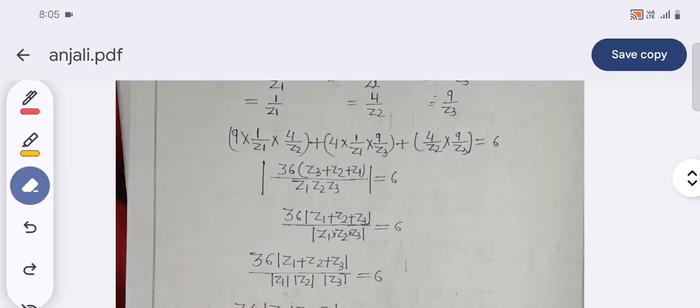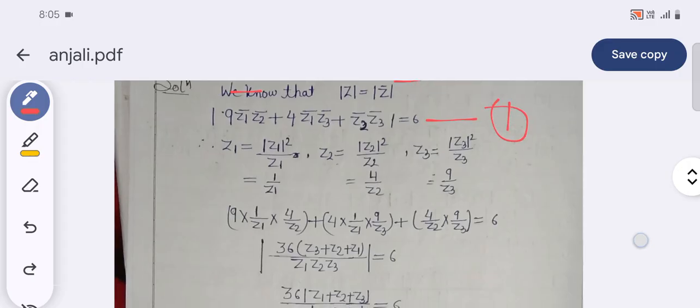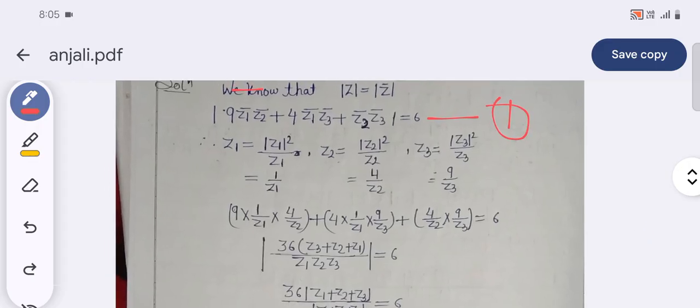Then put the values of z1 conjugate, z2 conjugate and z3 conjugate in the first equation. It is clear? So z1 conjugate is equal to mod of z1 square upon z1.